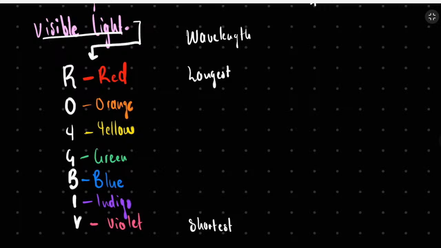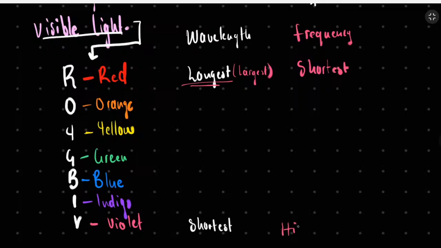Then for frequency, if red has the longest wavelength, that means it obviously has the lowest frequency. They don't appear much because they are far away from each other. Then violet will have the highest frequency.